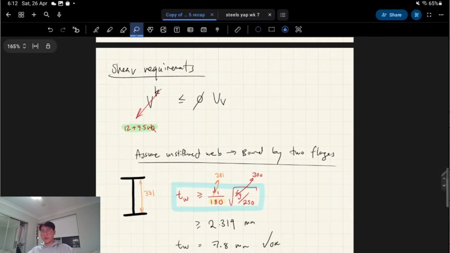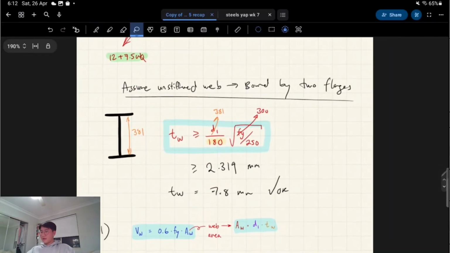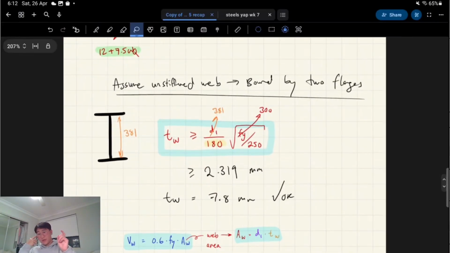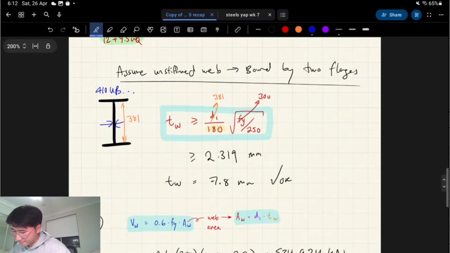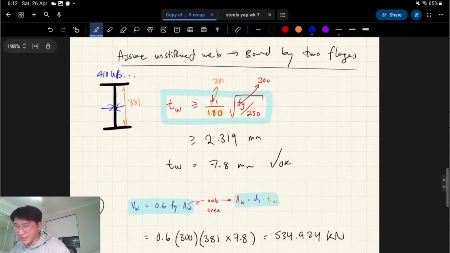What we have to do is work out the right hand side. So this is a minimum web thickness check. So we're checking whether this value here is allowable. OneSteel designs all its products, so we have a 410 UB something. OneSteel designs all its products so that they pass this minimum web thickness check. But we're just going to do it anyway. You can skip it.